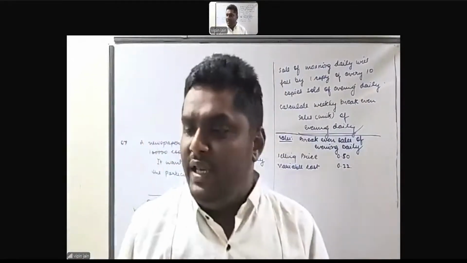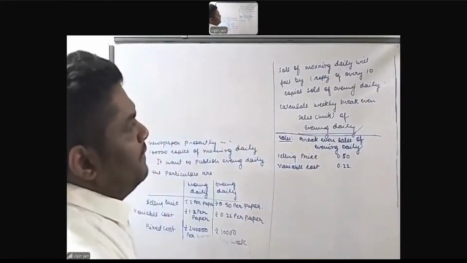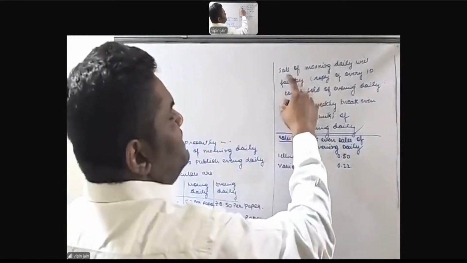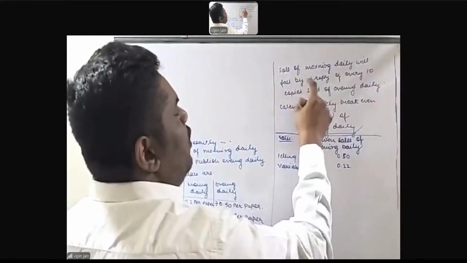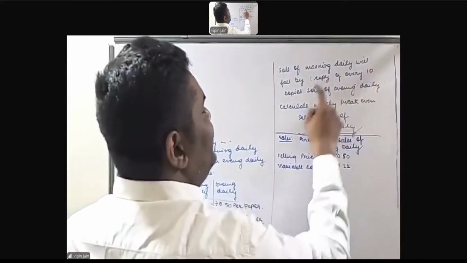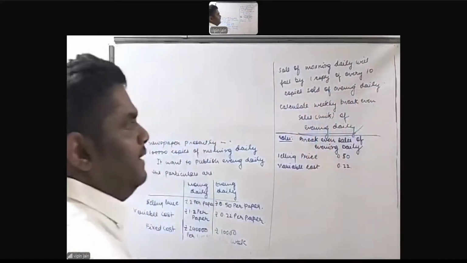Now, guys, very important, this line, that is the sale of Morning Daily will fall by 1 copy of every 10 copies sold of Evening Daily.